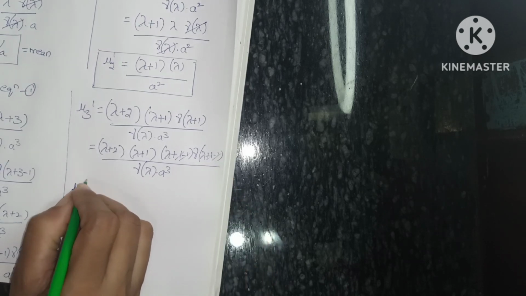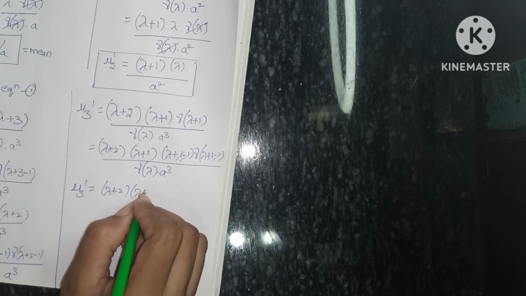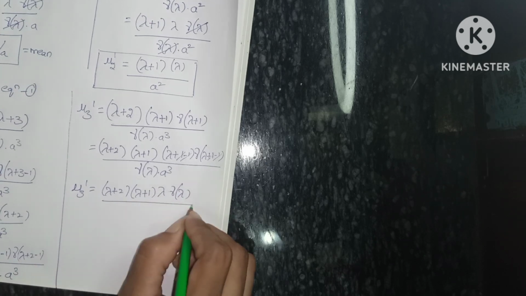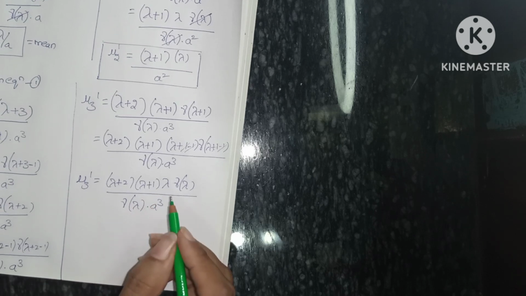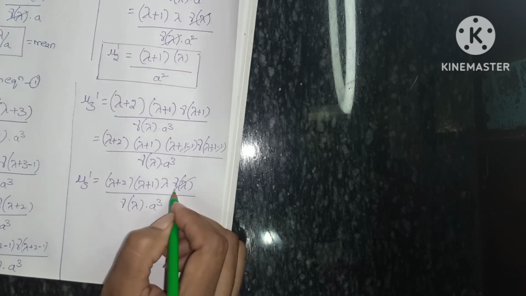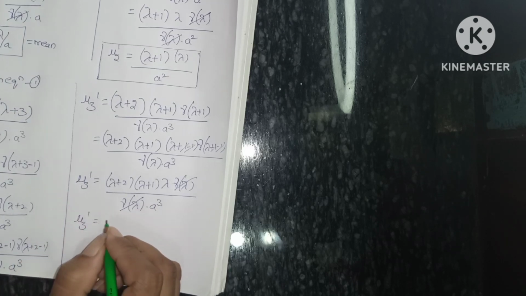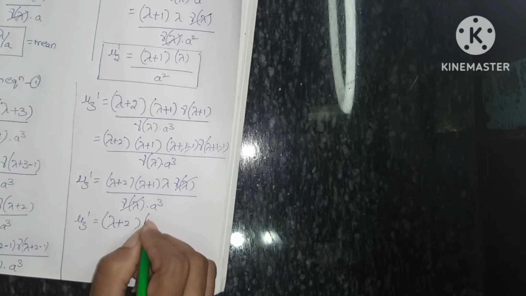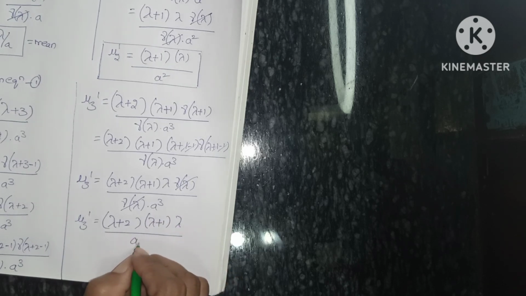So mu 3 dash equals lambda plus 2 into lambda plus 1 into lambda into gamma of lambda by gamma of lambda into a cube. Here gamma of lambda gets cancelled. The remaining term is lambda plus 2 into lambda plus 1 into lambda by a cube.